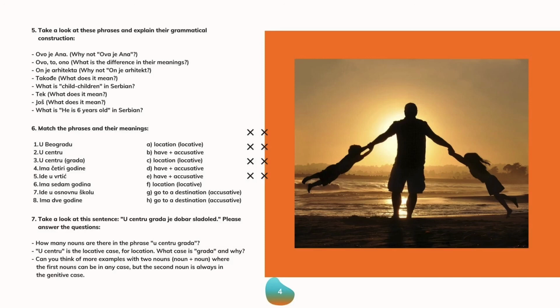Every time there is a phrase that you can translate in English to of something, that usually means it's the genitive case in Serbian. Other examples of this situation where we have 2 nouns next to each other could be čaša vode, a glass of water. Čaša is nominative and vode is genitive singular.